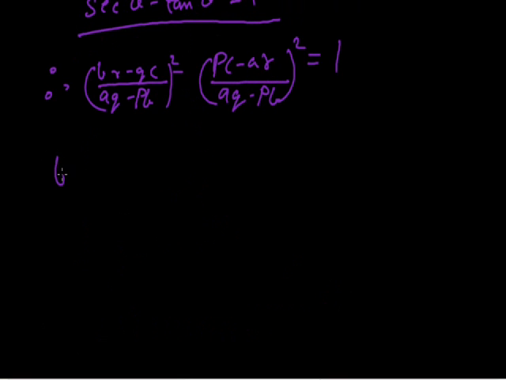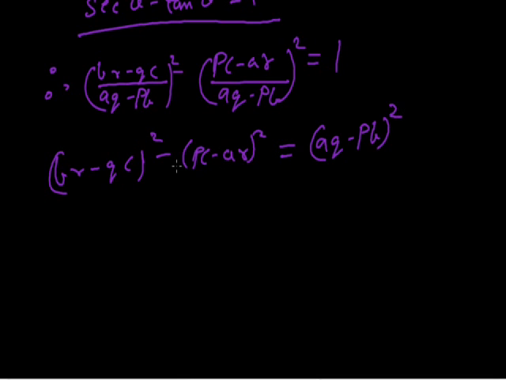Therefore it became br minus qc whole square minus pc minus ar whole square is equal to aq minus pb whole square. Hence we eliminated theta. Answer. Example number 2.